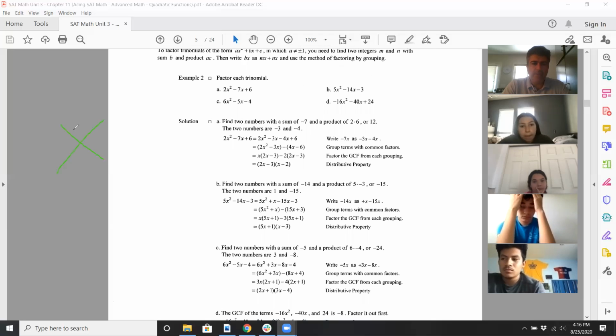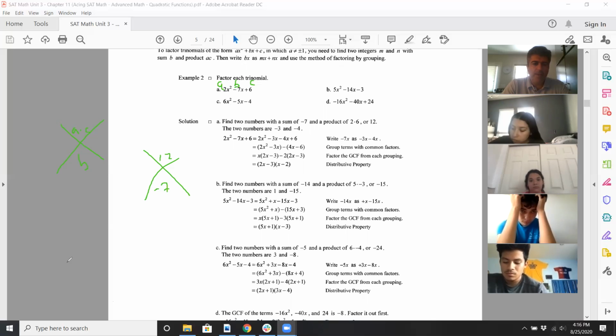I do a little diamond or X, put A times C and B. Remember, that's A, that's B, and that's C. So I'm deliberately going to multiply A and C, which is 12, and put B down here.